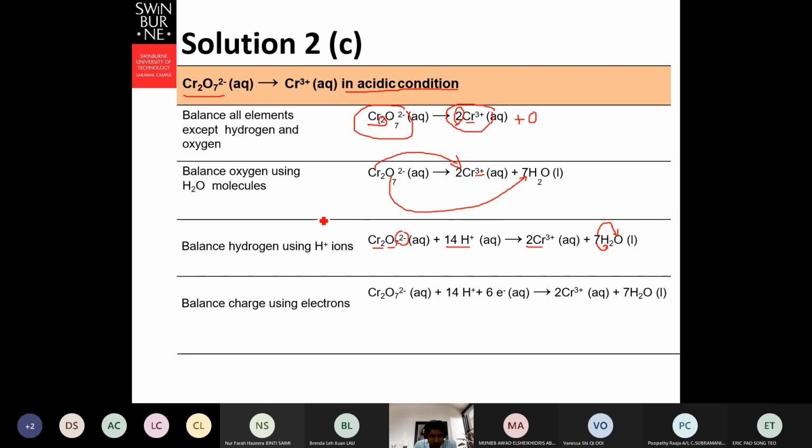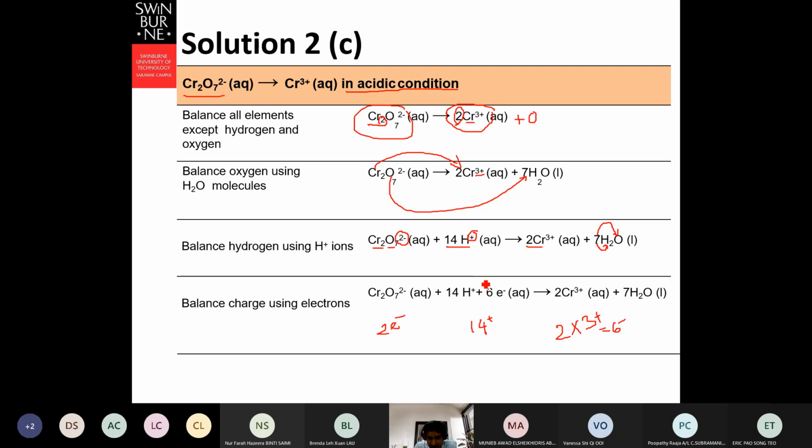On the left side, I have 2 negative charge and 14 positive charge. 2 electrons, negative, and 14 positive. I cannot write e. I have to write like 14 positive charge. All right, 14 positive charge. On the right side, I see that we have 3 positive times 2, so 6.